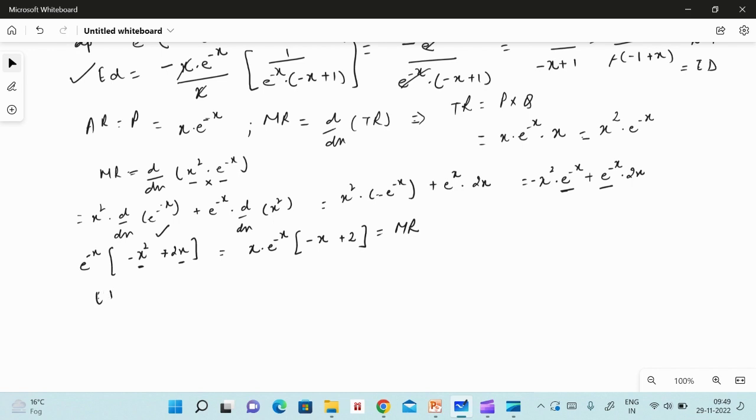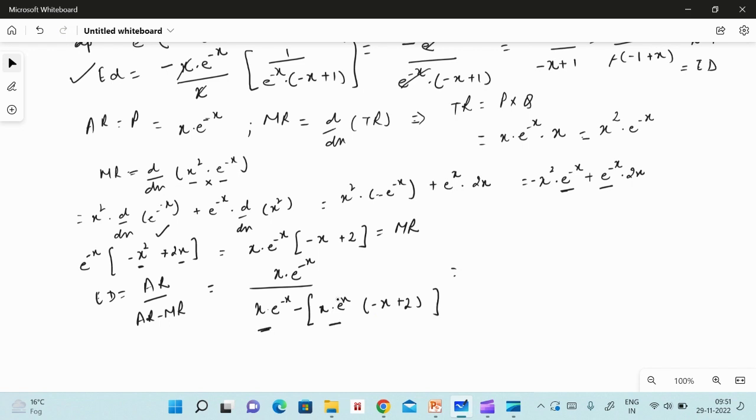Now putting the values in the formula, that is elasticity of demand is equal to average revenue upon average revenue minus marginal revenue. I will get average revenue, that is x into e power minus x, divided by average revenue, that is x into e power minus x, minus the value of marginal revenue, that is x into e power minus x into minus x plus 2, right?